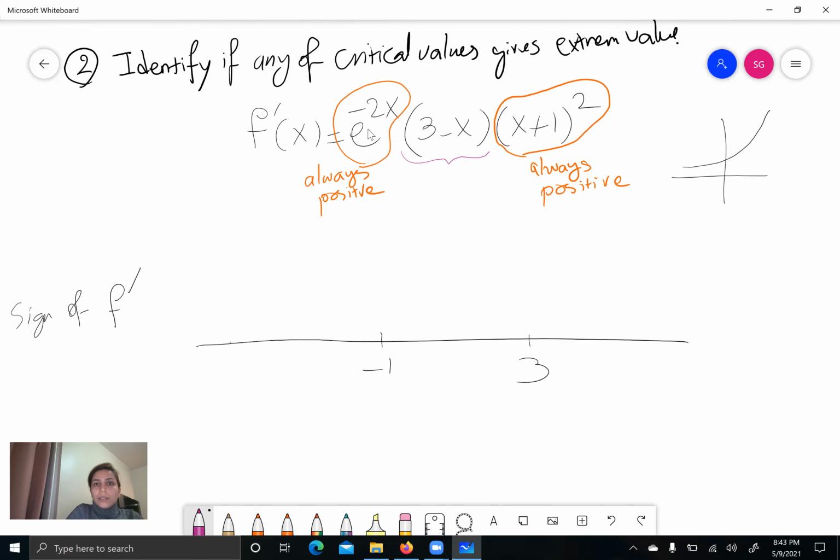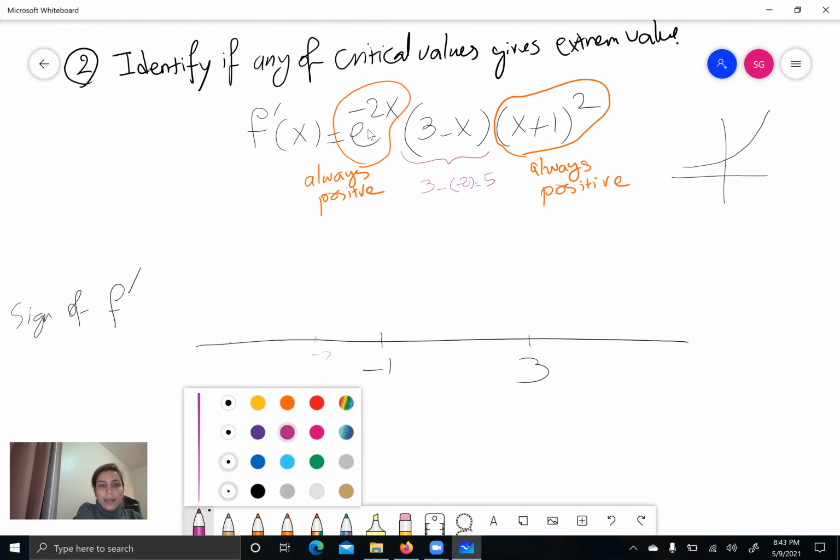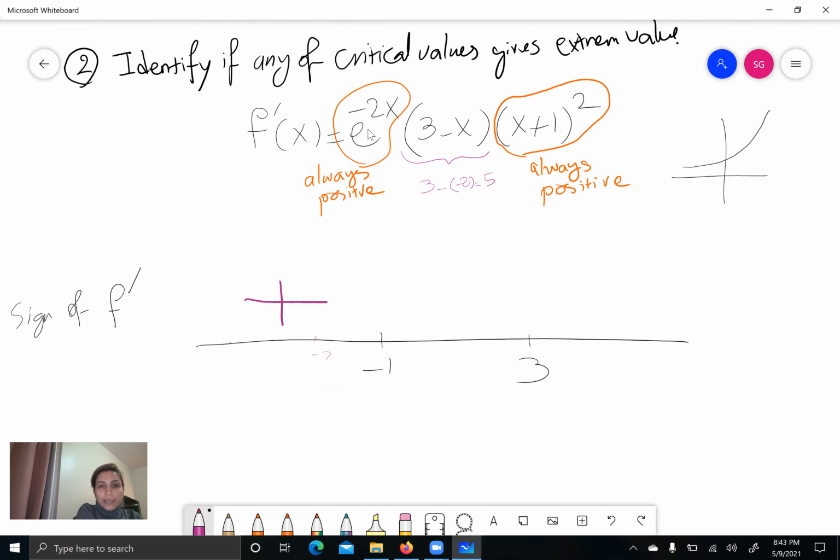So let's see. 3 minus x. What is the sign before -1? Let's say at -2. So at -2, 3 minus (-2) is going to be 5. So it's positive, which means the derivative is positive before -1.